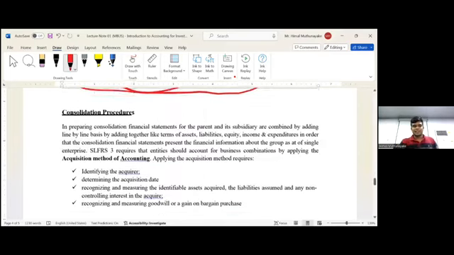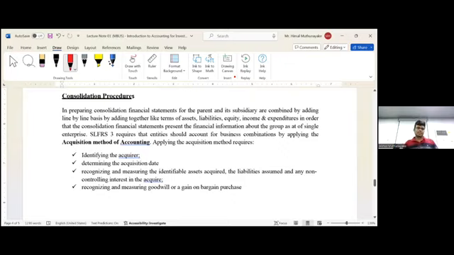So, the consolidation procedures. According to SLFRS 3, you need to follow the acquisition method. I'm not going to discuss the terms much. Just remember you all need to follow the acquisition method of accounting under SLFRS 3 when you are preparing the consolidation financial statements.